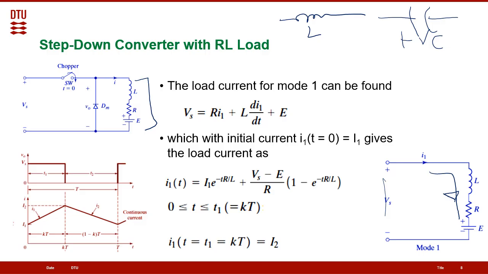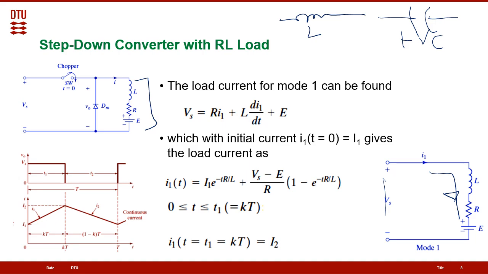So the rules say that the inductor will try to keep the current, and the capacitor will try to keep the voltage. So the bigger the inductor, the more it will resist change in the current, and the bigger the capacitor, the better its ability to keep the voltage across the terminals.